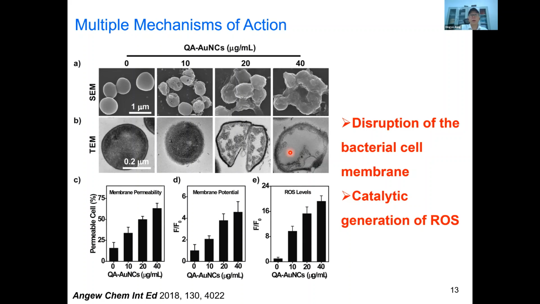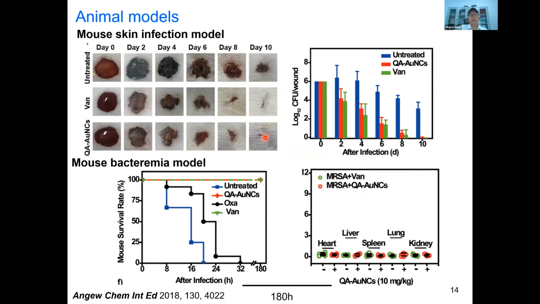So we're able to also test quite a bit on animal models. For example, the mouse skin infection model is where we cut the mouse skin open and infected the wound with bacteria and tried to apply either vancomycin or the gold nanocluster on the wound dressing and see how quickly the wound heals.